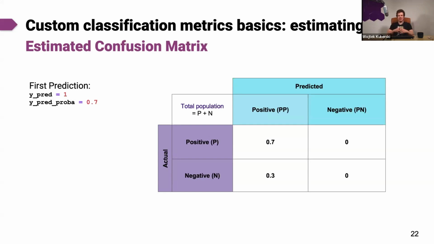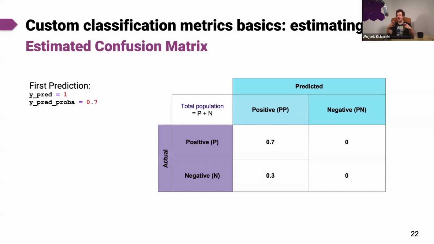Luckily, we also have access to predicted probabilities. And for the time being, we assume that these predicted probabilities are something we can trust. We can say that this predicted probability is well calibrated, which means that it conforms to the frequency definition of probability. So if we get a million predictions that predict 1 and have probability exactly 0.7, then roughly 70% of them would actually turn out to be positive.